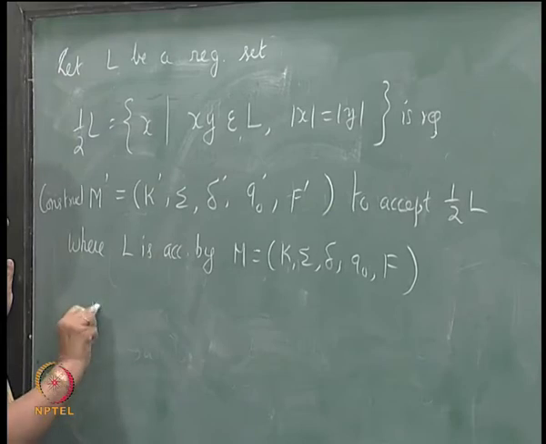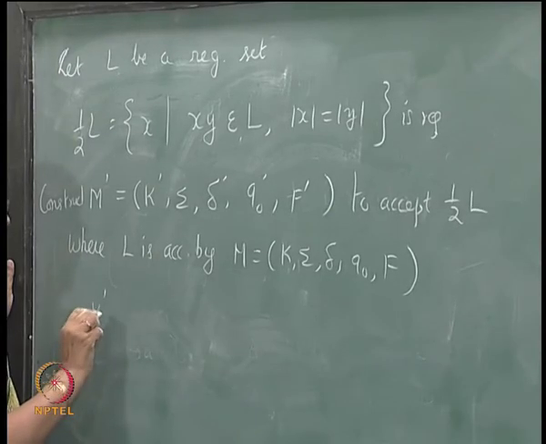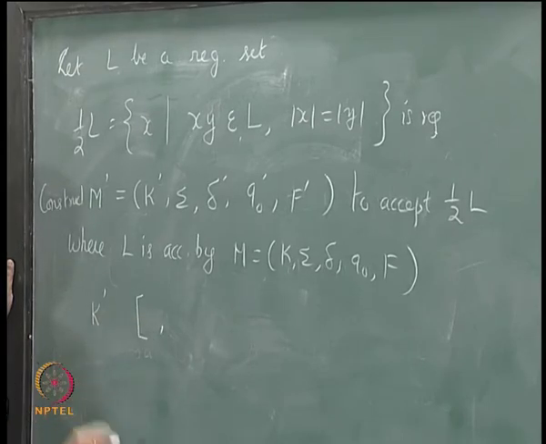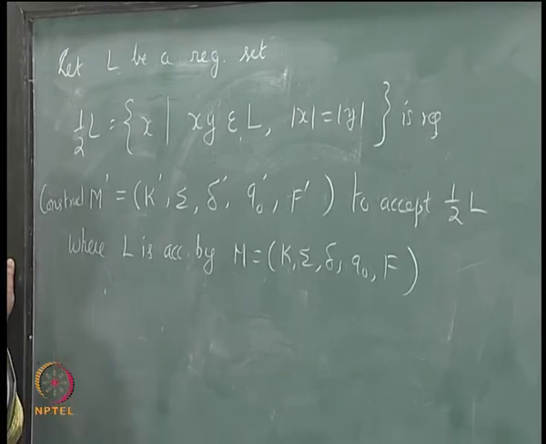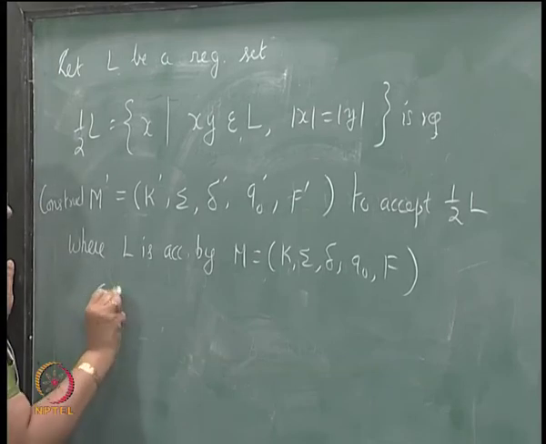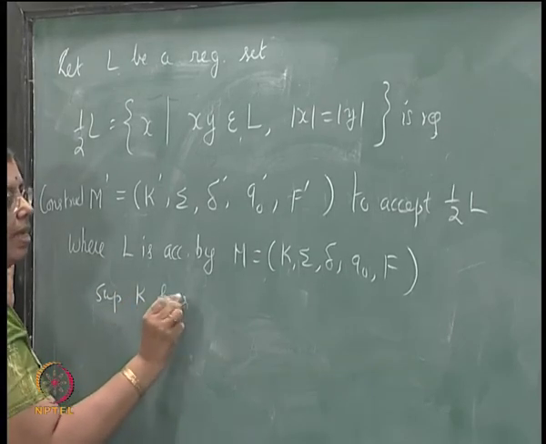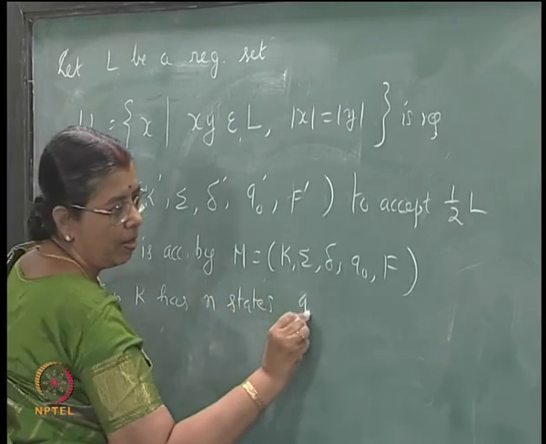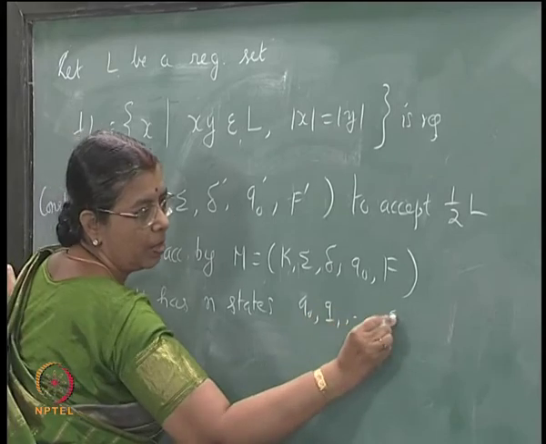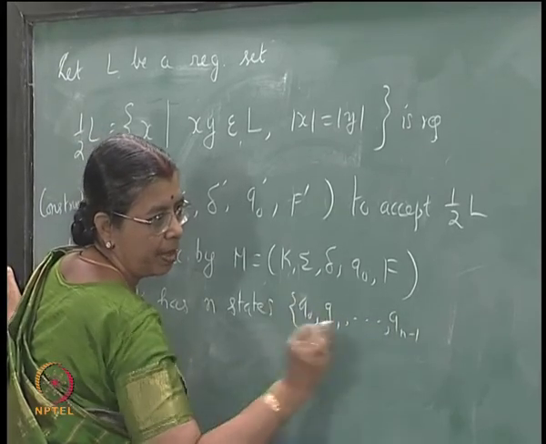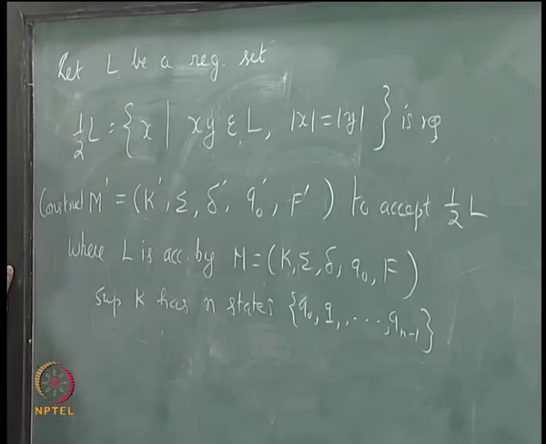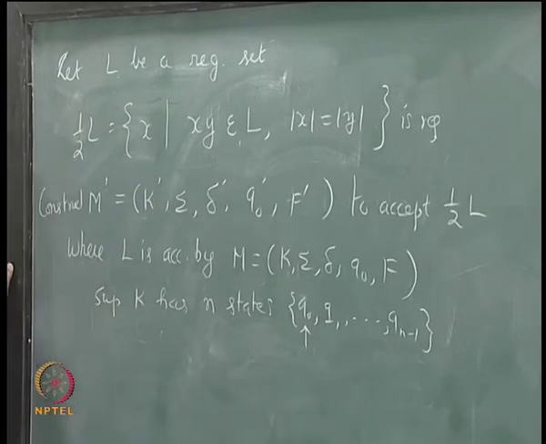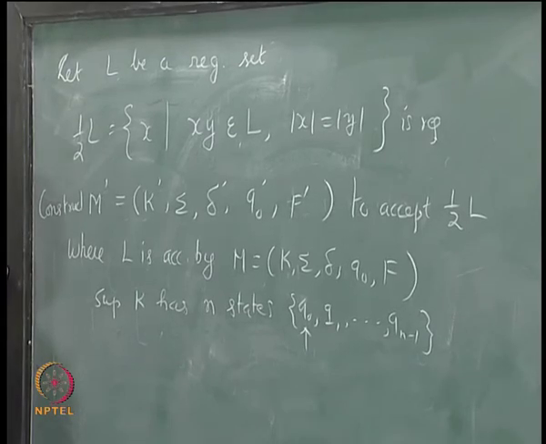The set of states K dash will be of the form, suppose K has n states, Q naught, Q1, up to Qn minus 1. You have to have some order where this is the initial state, any of them can be a final state.